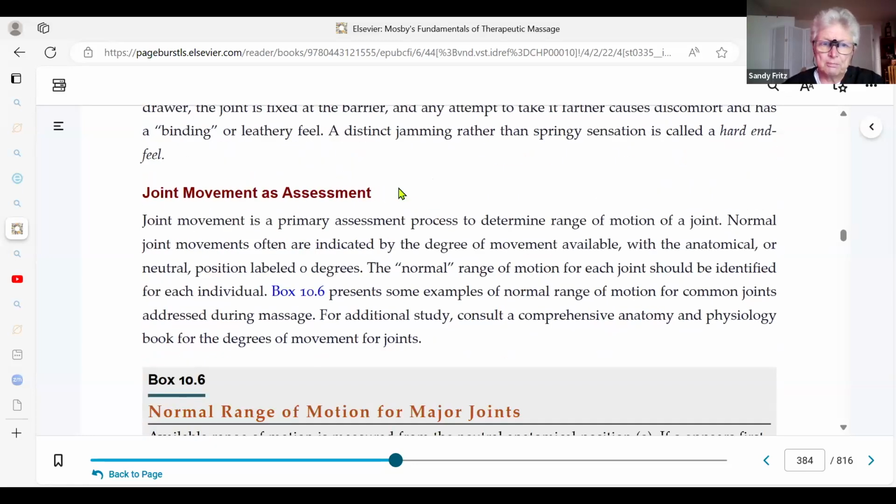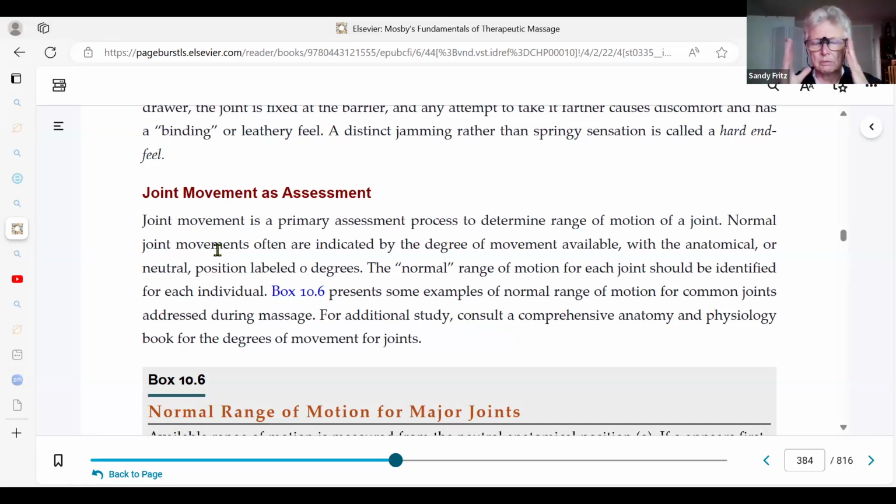And then joint movement as assessment. To measure a joint's range of motion, we use joint movement. We don't do range of motion. We measure range of motion. We can do joint movement. We can do it passively. The client can do it. We can help them. And you're going to have all that terminology.